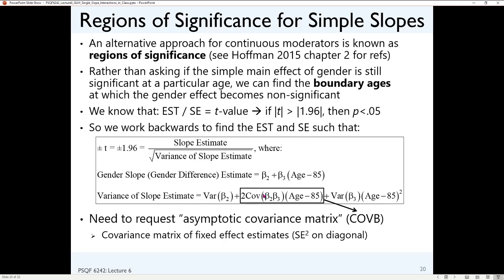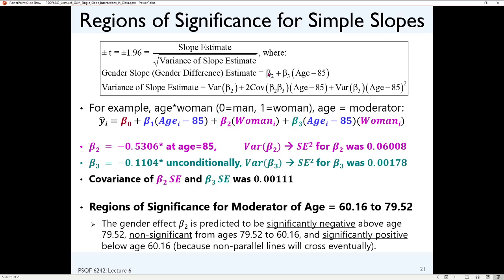So this is the idea that the standard error is related to the standard error for the interaction term. So there's actually a full matrix that has the standard error for each fixed effect in the model squared on the diagonal as the variance, and then there are covariances between them. This is not something that we typically would need to look at, but we do need to get the covariances to be able to compute this formula. So then we can figure out what the values are of the slope estimate where t would be significant.